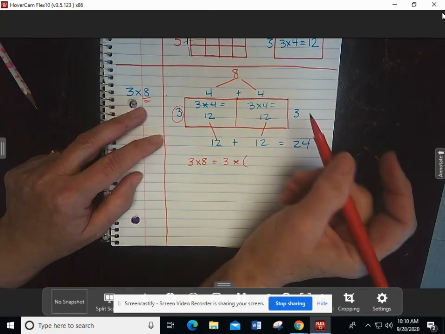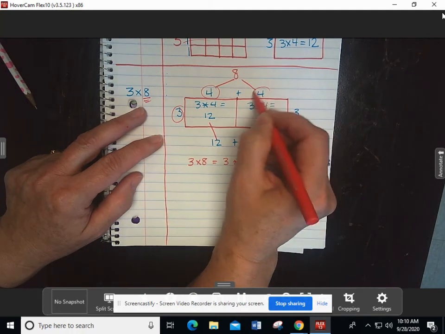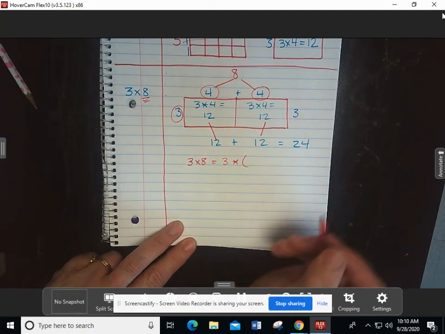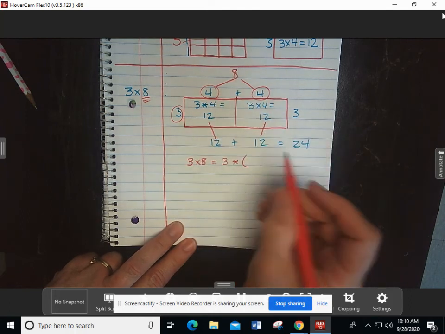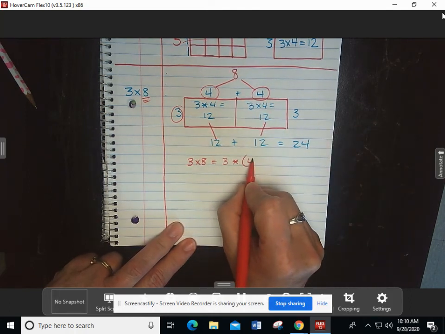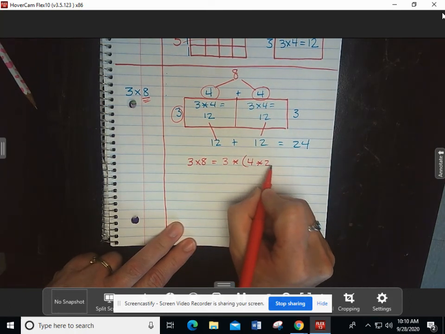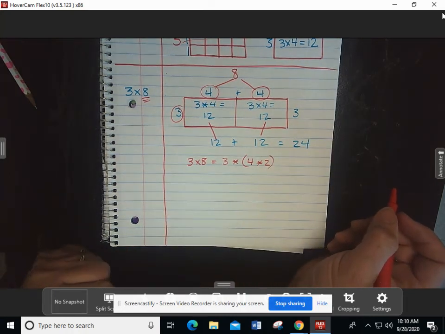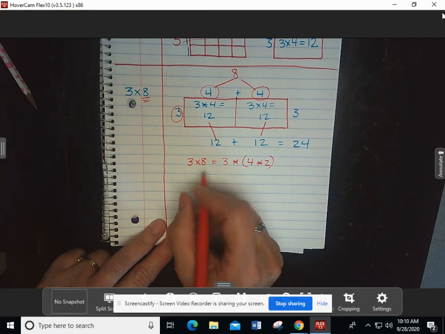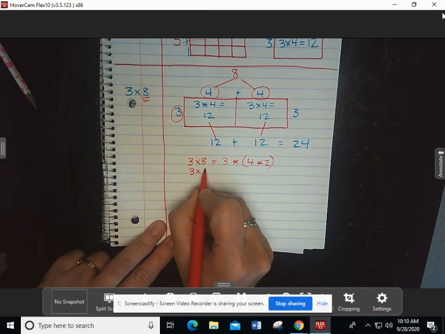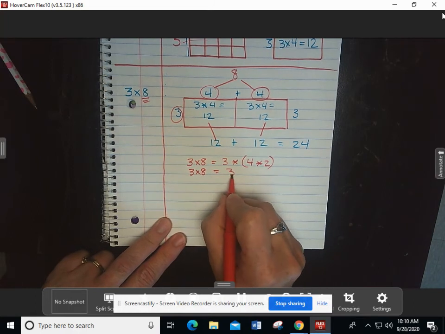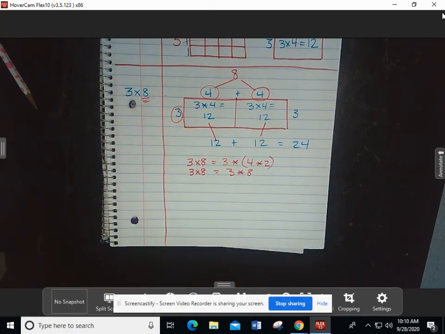We used to have 8, but we broke it into this number and this number. Because we can only think of 2 numbers at one time and we broke it into 2 numbers, we have 4 times 2 because I have 2 4s. So 3 times 8 is the same as 3 times 8, right?